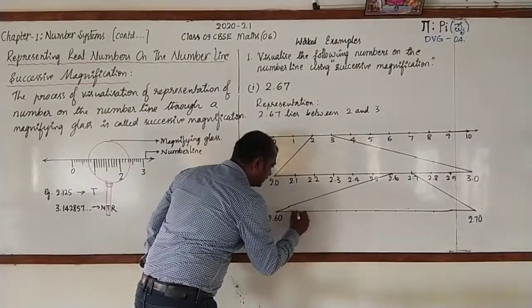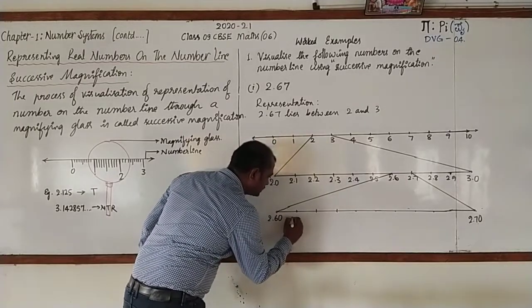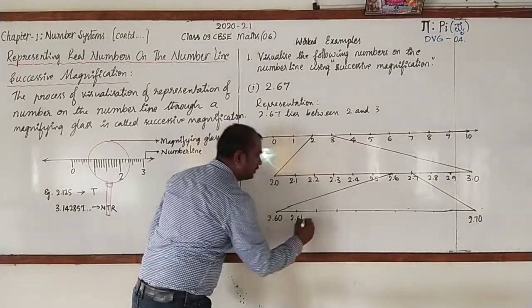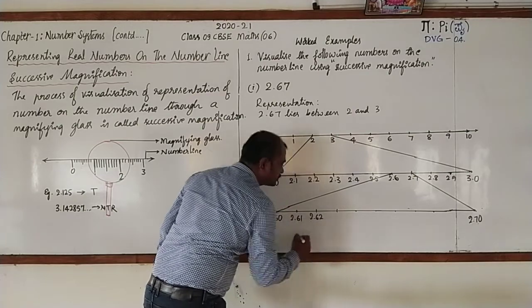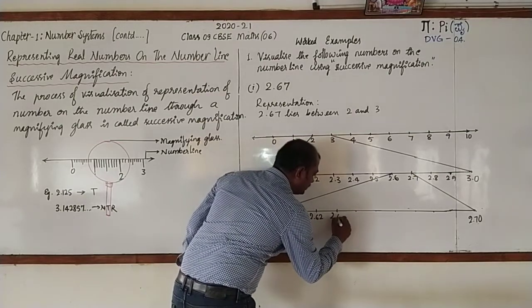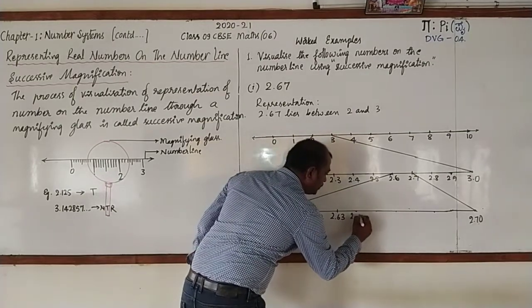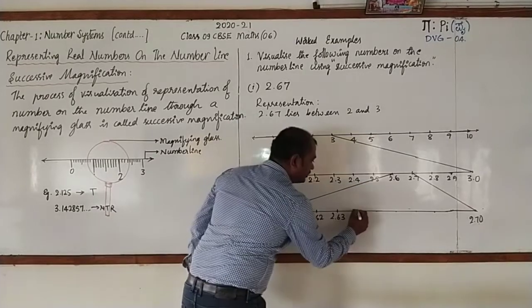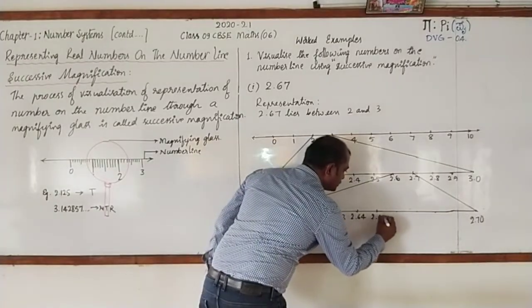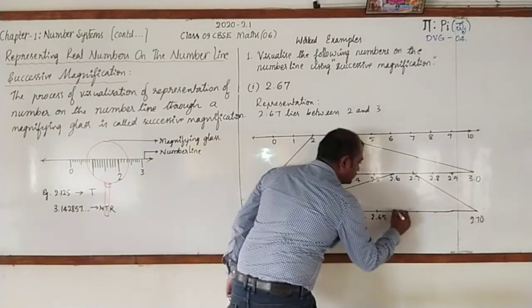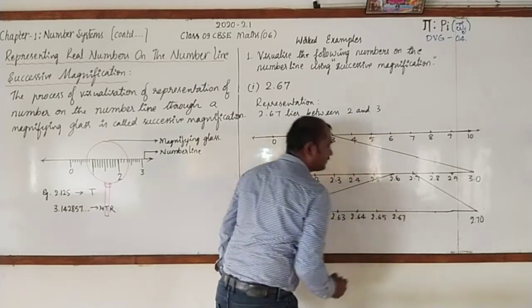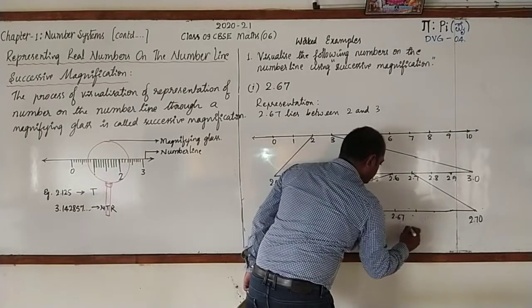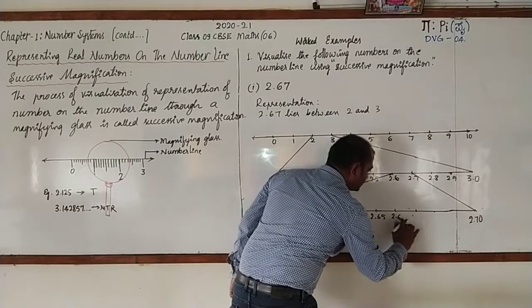Let us write them. Here, this is 2.61. This is 2.62, 2.63, 2.64. This point is 2.65. This is 2.66.